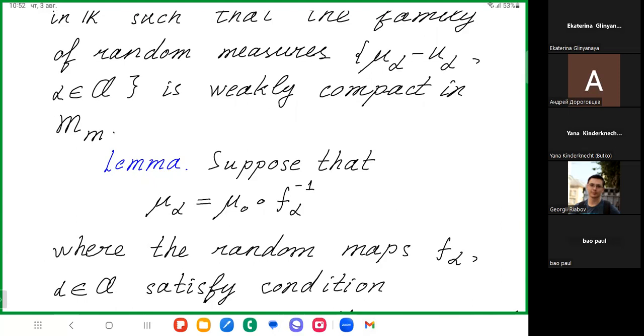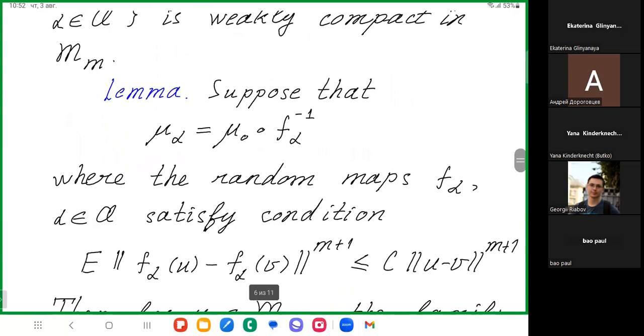You see that the situation is exactly as when we consider the equation with interaction, because in the case of the equation with interaction, we have mu_t, which is an image of the initial measure mu_0 under the mapping x_t.